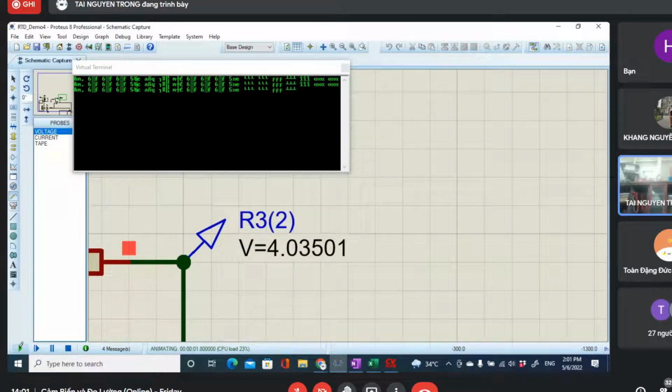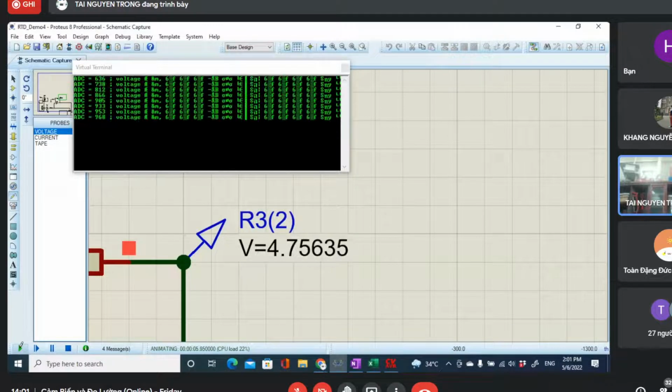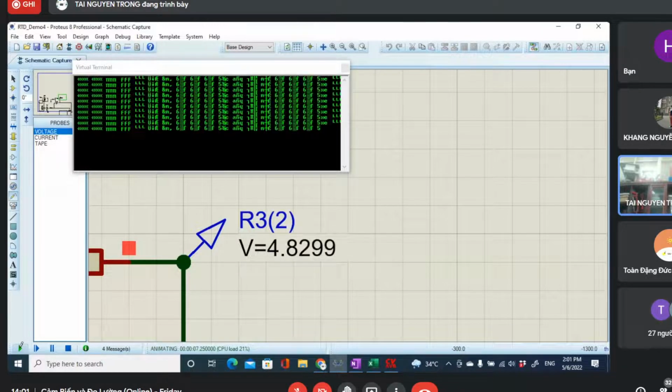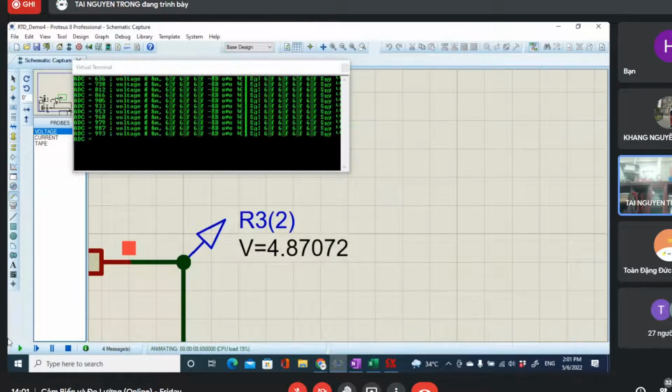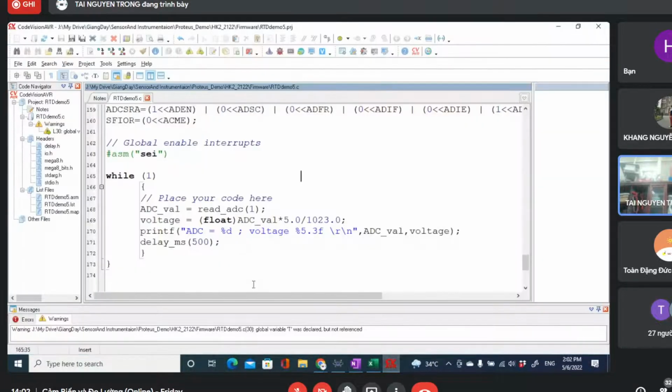I don't know why it's error, but at first I'm using this, no problem.